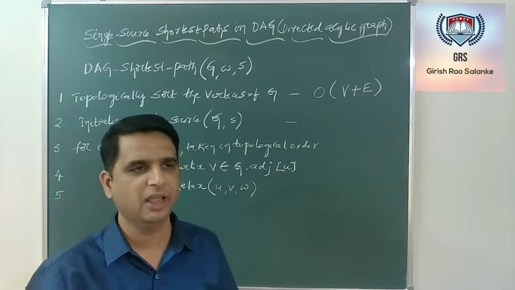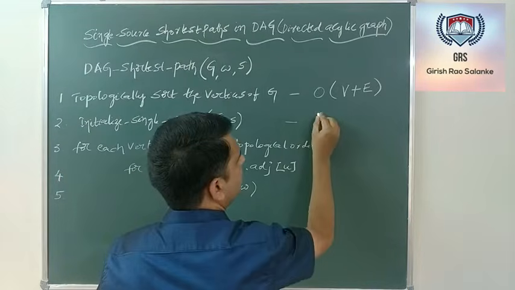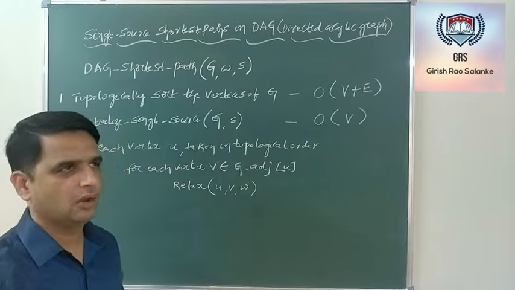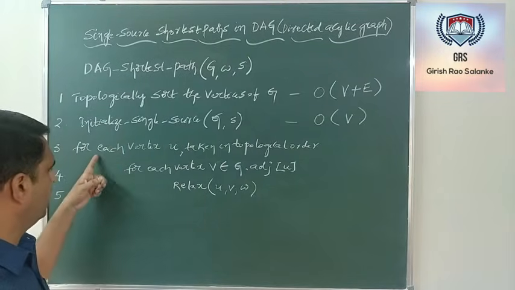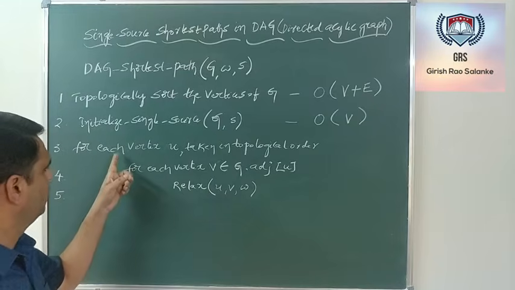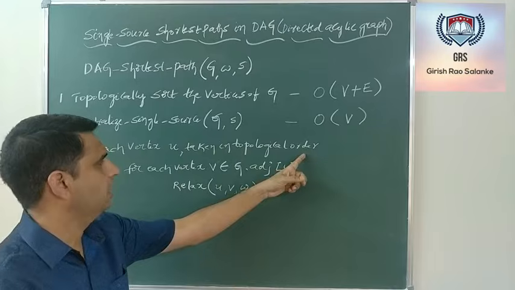How much time does it take? It depends upon how many vertices are there. So the time complexity is order of v. It depends upon the number of vertices. Now coming to the third step, fourth step and fifth step. There is a for loop here. There is an outer for loop for each vertex u taken in the topological ordering.